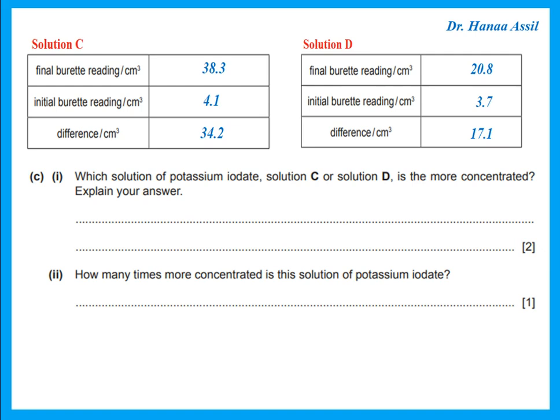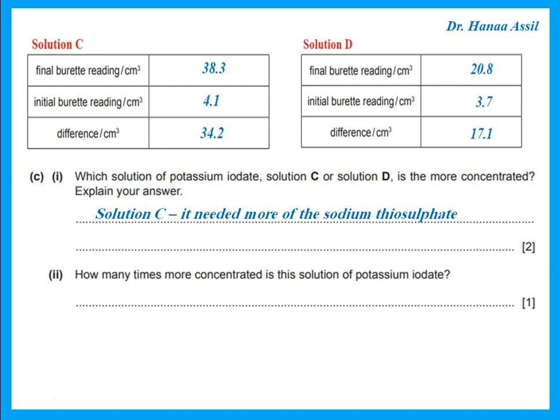Remember, if we have a solution in the flask, the more I need from the burette, the more concentrated is my solution. So C needed 34.2, so C is the more concentrated solution because it needed more of the sodium thiosulfate to react with it.